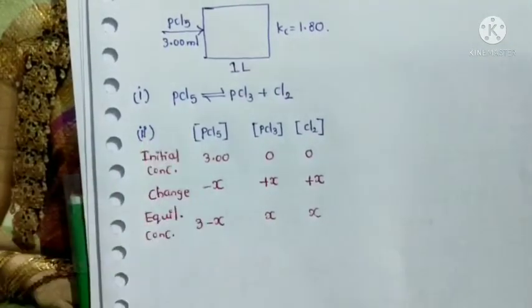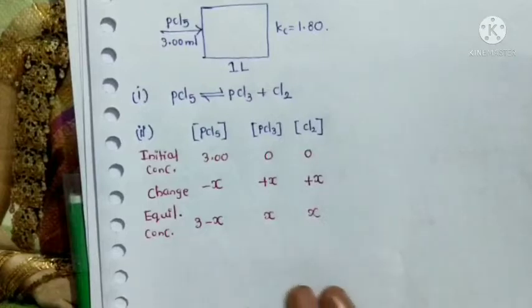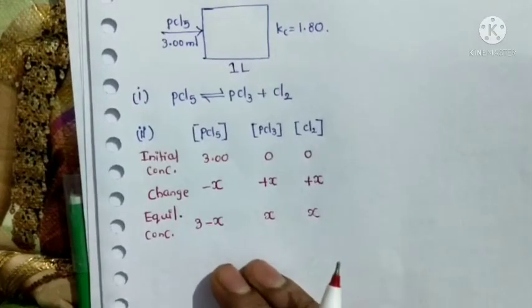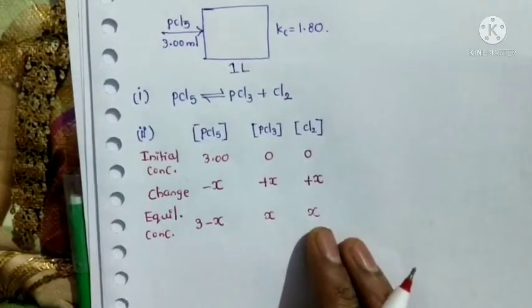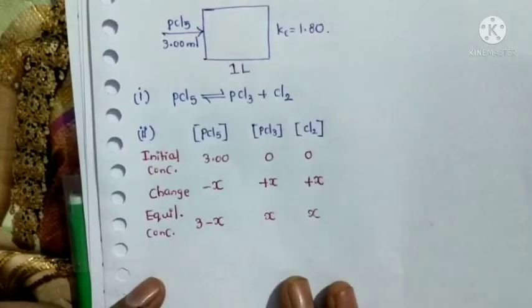These are the final or equilibrium concentrations. Now we will find the X value, and from this we can find the equilibrium concentrations.